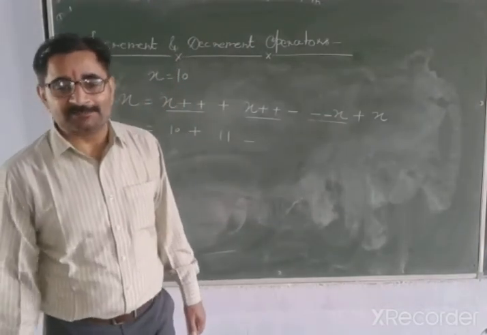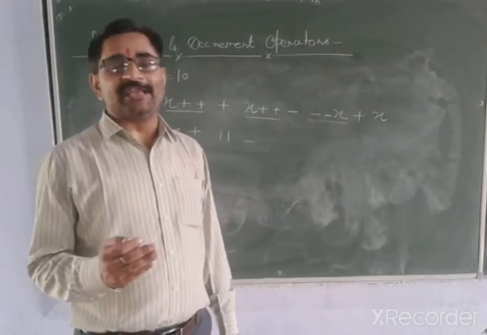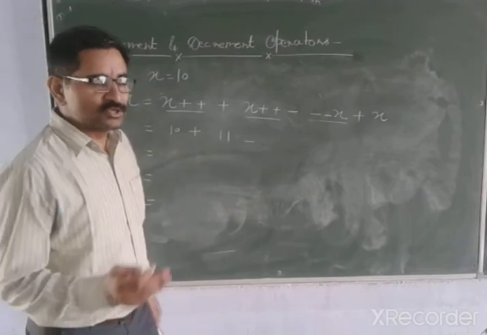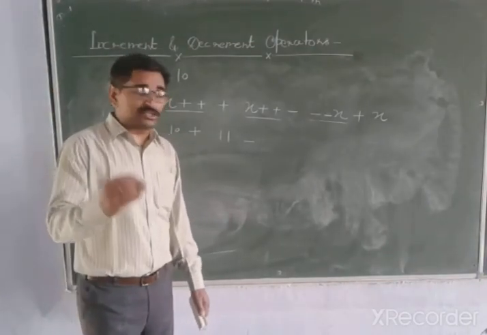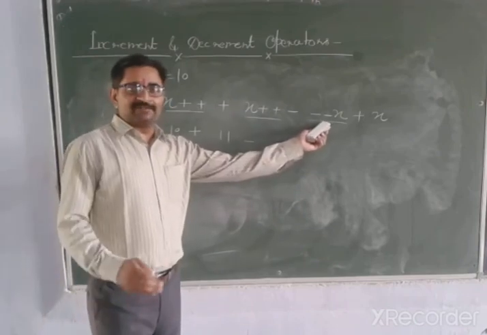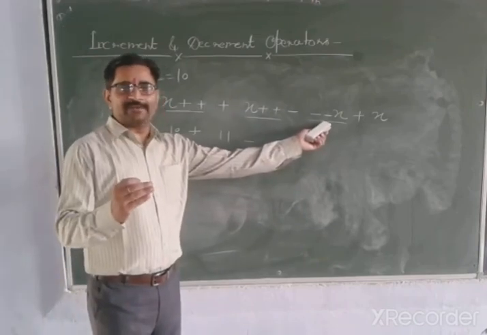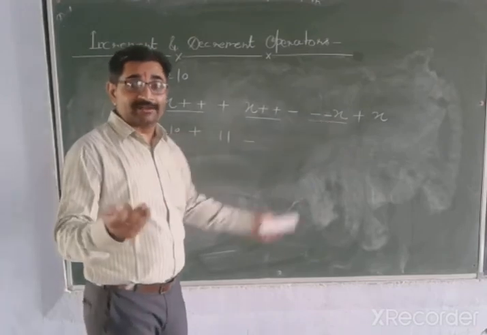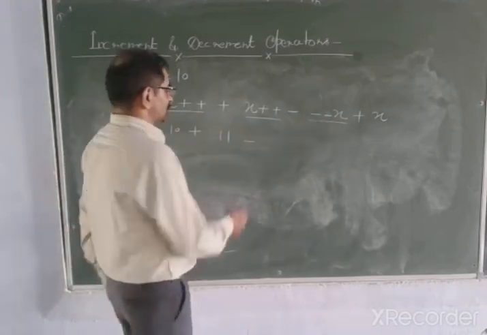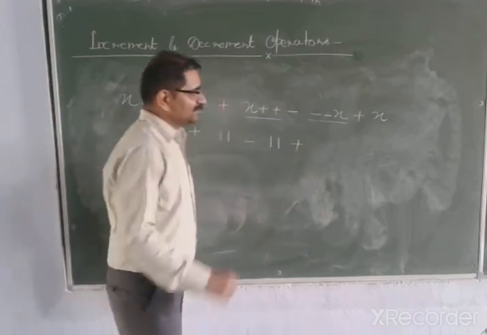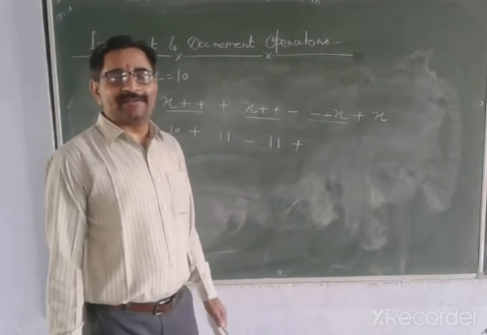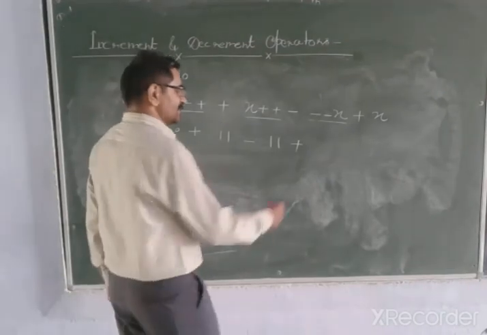Change then use. Pre-decrement. What is the value of x in memory? 12. Change: minus minus will decrease the value, so 12 will decrease by 1 to 11. Then use. So here we use 11. What is the current value of x? That is 11.